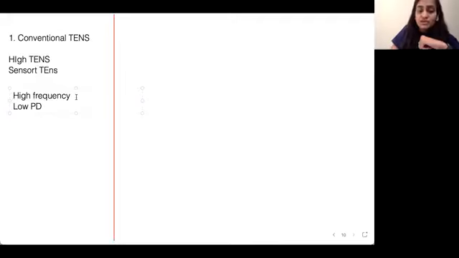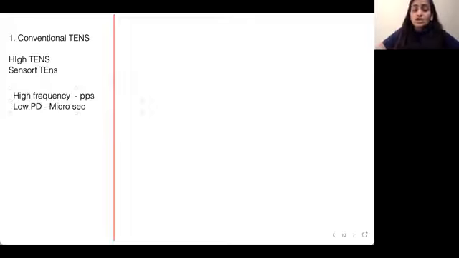Frequency is always measured in the number of pulses per second, PPS. And the pulse duration is always going to be in microseconds. So whenever you have high TENS, it's going to be high frequency and low pulse duration. That's why we call it high TENS.